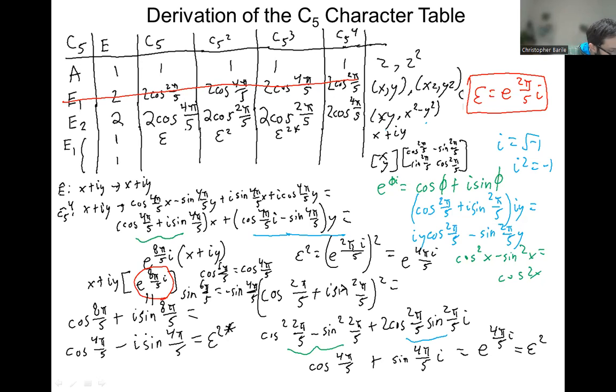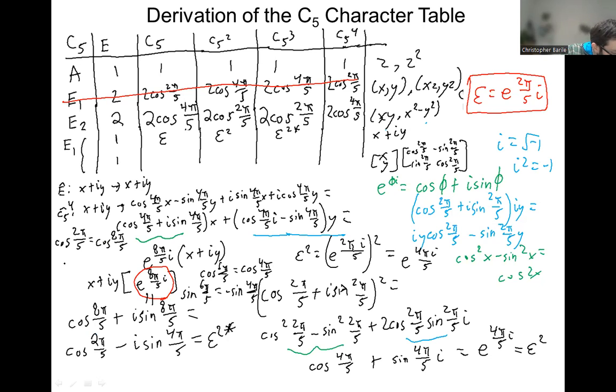And we can use the relationship that cosine 2 pi over 5 equals cosine 8 pi over 5. Lots of just tricks here, getting this nice and compact. So the cosine 8 pi over 5 can become a cosine 2 pi over 5.